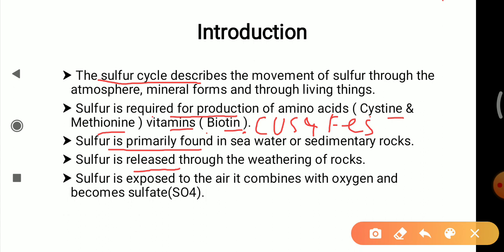Once it is released from the rocks, sulfur comes in contact with air. It combines with oxygen and becomes sulfate, that is SO4 2-.